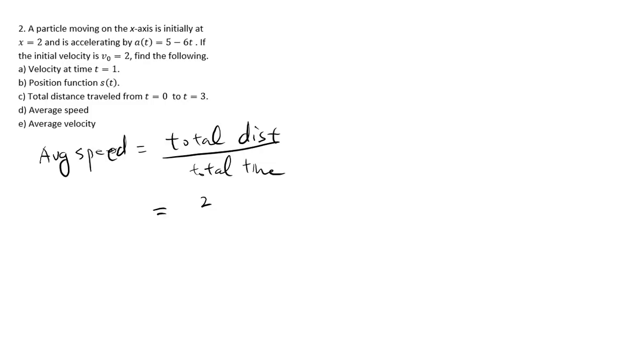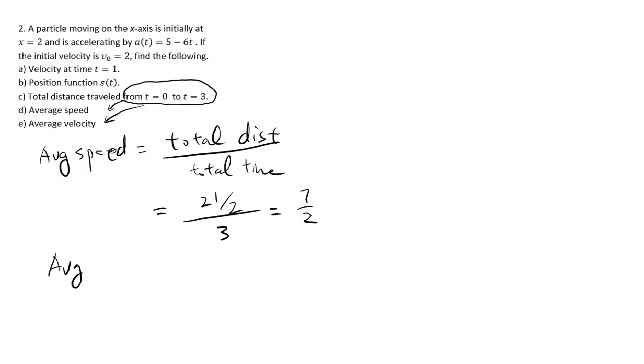I should have said average speed from t equals 0 to t equals 3, so forgive me for that. What is the average speed from t equals 0 to t equals 3? We know that the total distance traveled is 21 over 2, and the total time it took is 3, so you end up with 7 over 2.